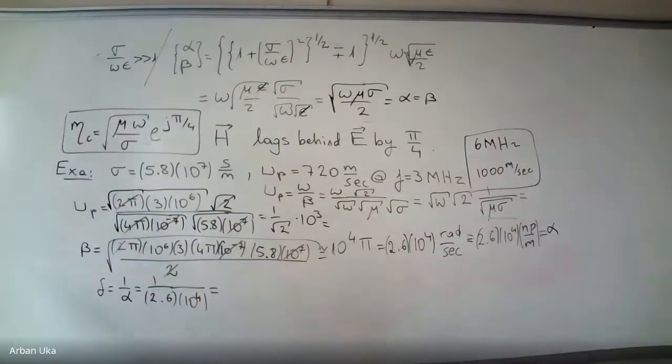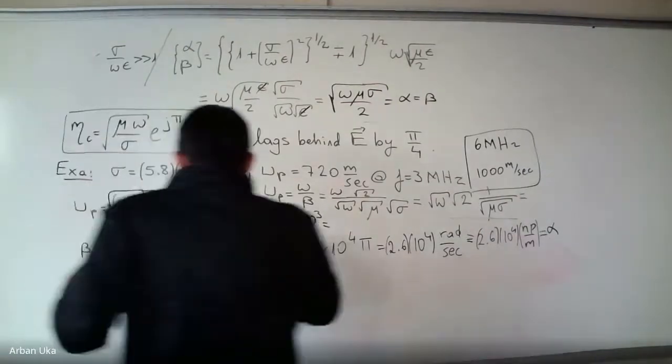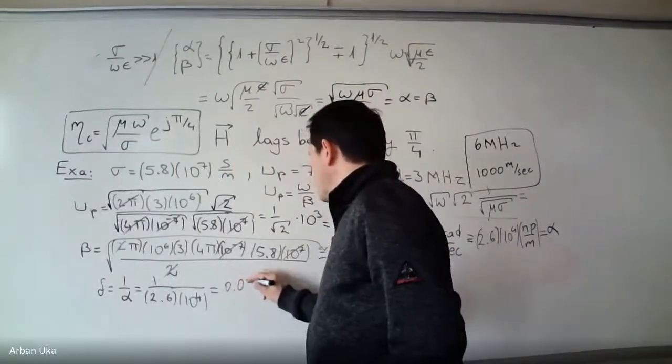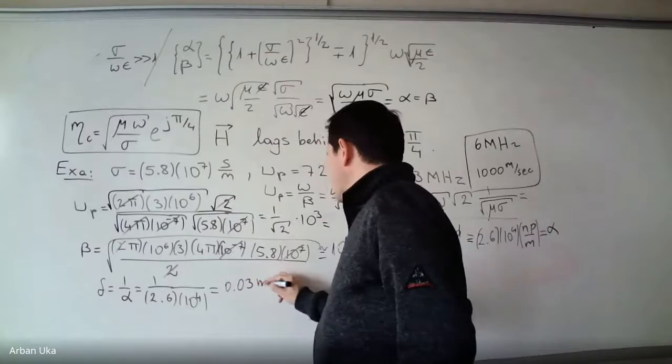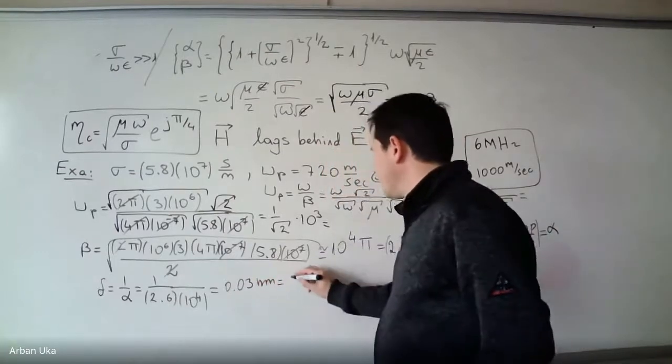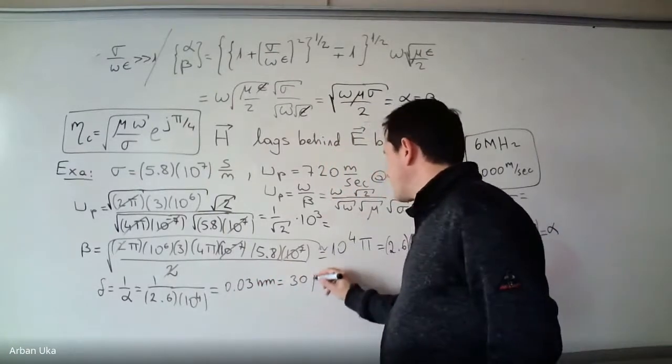And the skin depth, for sure, it looks like it's going to be something in the order of millimeters. Numerically, this is going to be 0.03 millimeters, or this is equal to 30 micrometers.